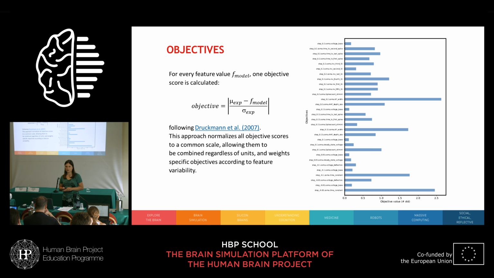How the objectives are computed: for every feature value, one objective score is calculated following the Druckmann et al. formula. And this approach normalizes all objective scores to a common scale, allowing them to be combined regardless of the units, and weights specific objectives according to feature variability.